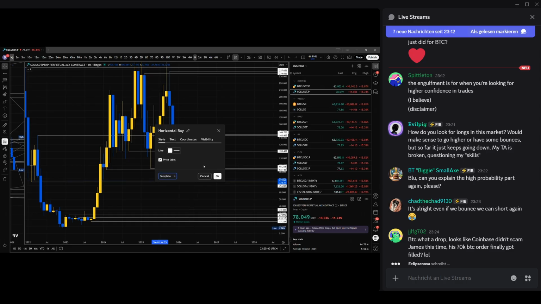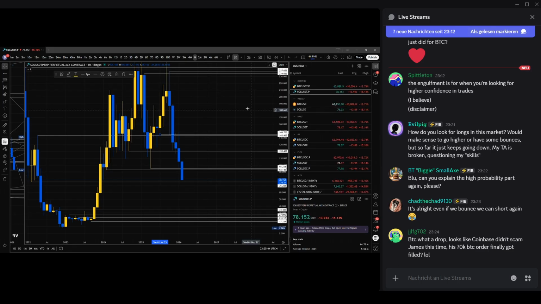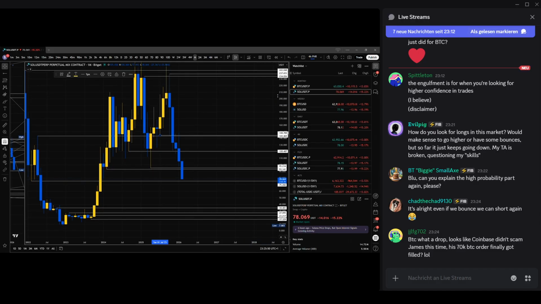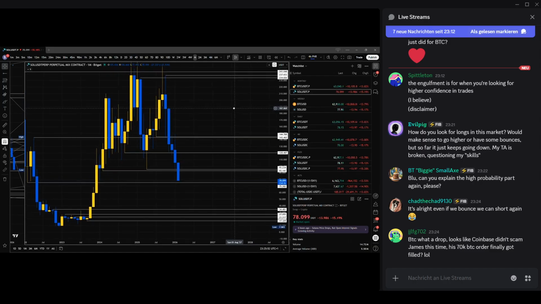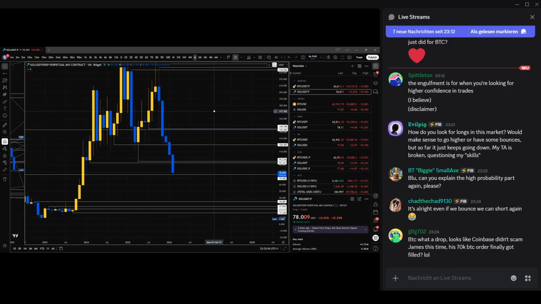Set your templates up, get familiar with layouts and everything. Maybe find some other assets that you don't have on the radar yet but that could be interesting to chart and put alerts on. And then wait for a short to show up, because that's the major trend we're going in.